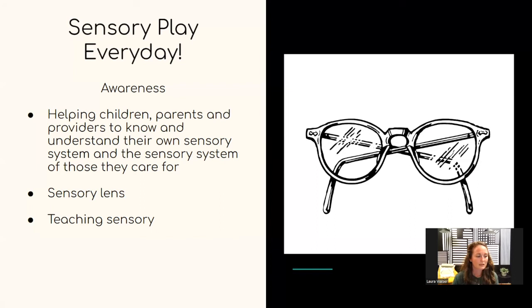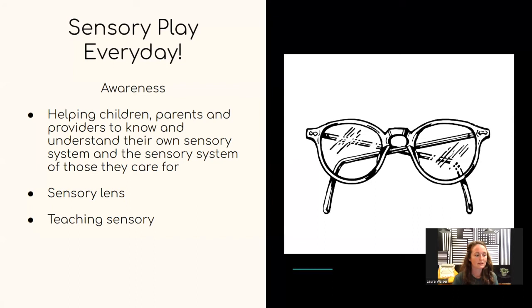So when we're looking for sensory clues, we need to be thinking about consistency and patterns. So if something happens in isolation, we all have our days, right? Maybe we're tired, maybe we're really hungry, and so we're having a big response because of that, not necessarily a sensory-based issue.